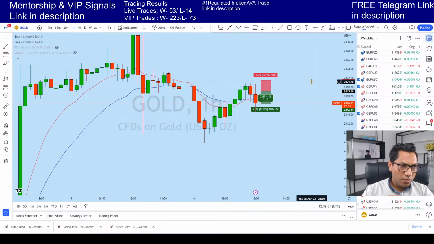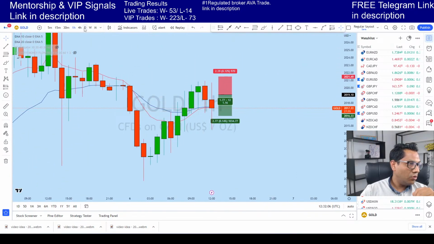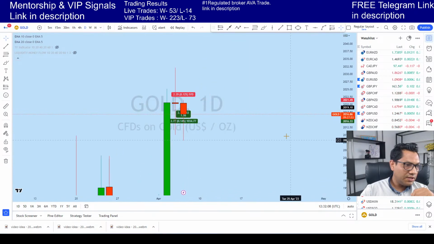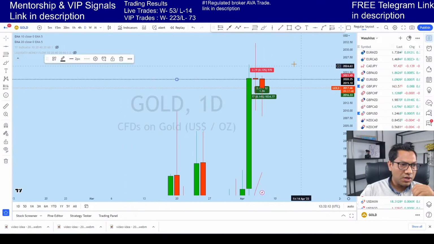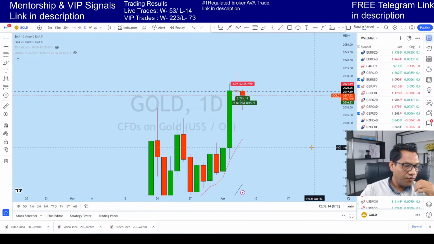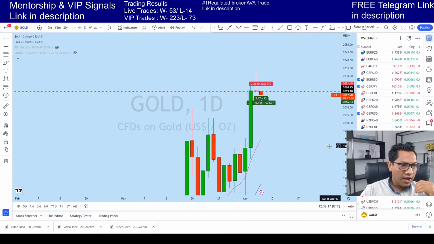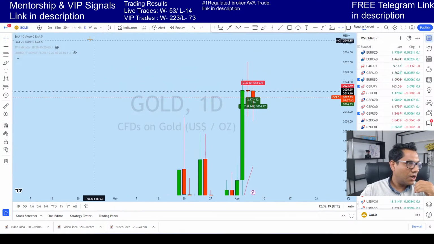Gold, for me, for the short term, we see some bounce from the resistance zone. If you look at the daily, we can see that from this daily resistance zone, gold had a bounce. Now with that bounce, I will be waiting for gold to have a rejection to the downside.